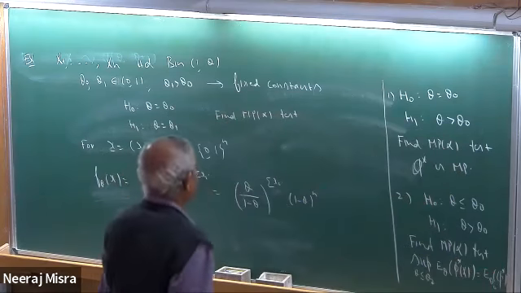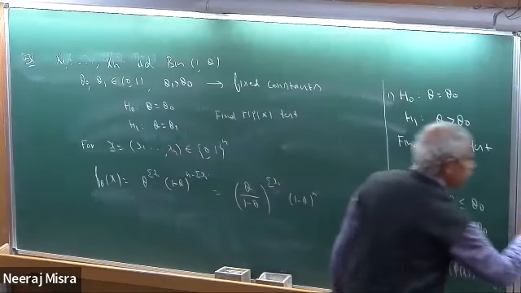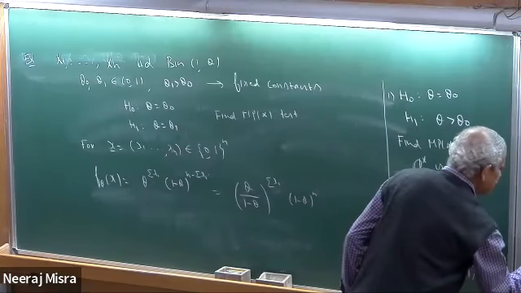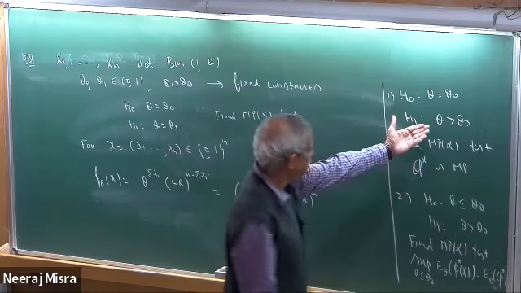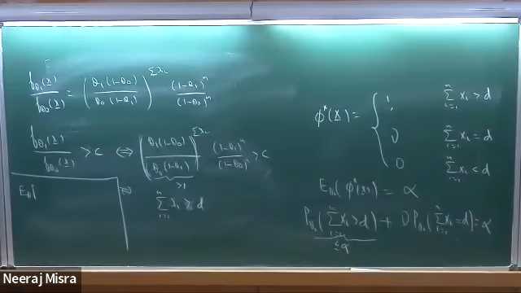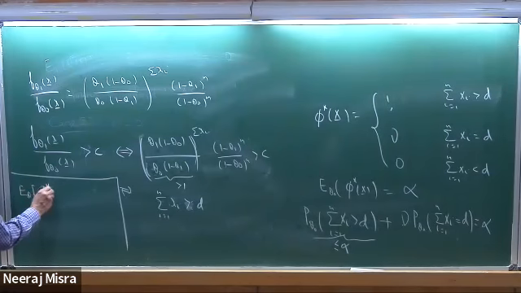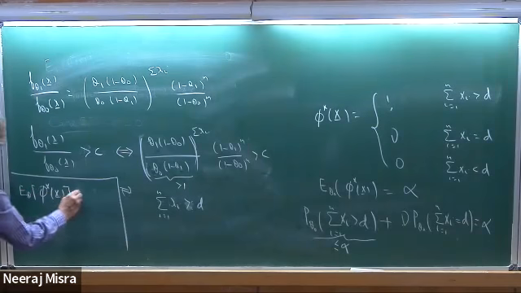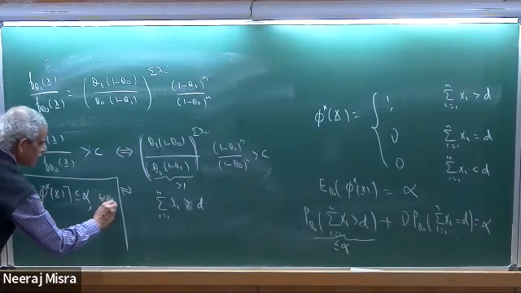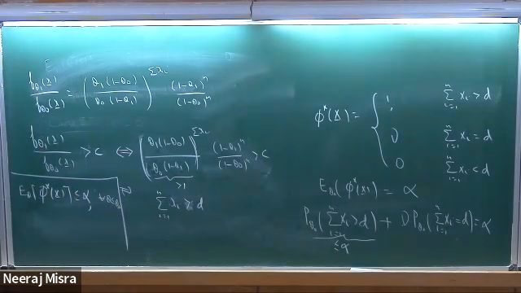Why this? Because for the same test, power is taken care of, since the alternative I'm not changing. So power at each theta greater than theta naught is maximum, and the only thing is whether it has level alpha or not. For level to be alpha, E theta phi star x should be less than or equal to alpha for every theta less than or equal to theta naught. That is the requirement.